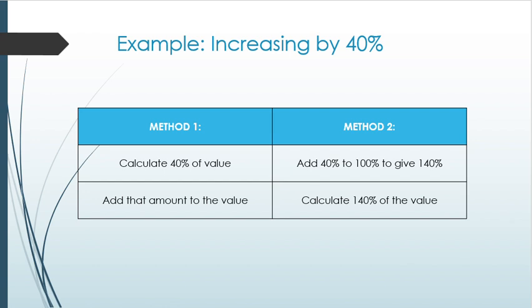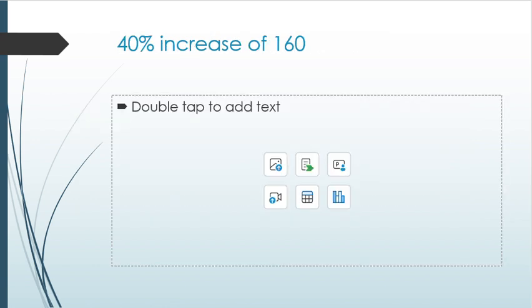Method 2: we take the percentage and add it to 100, and then you just type in your calculator 140% of the value. I will show you how this works.